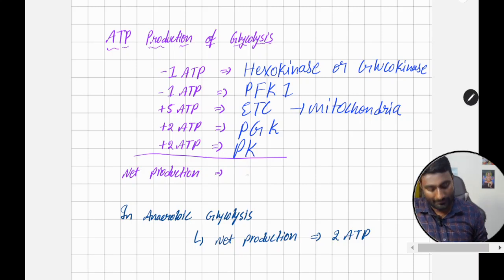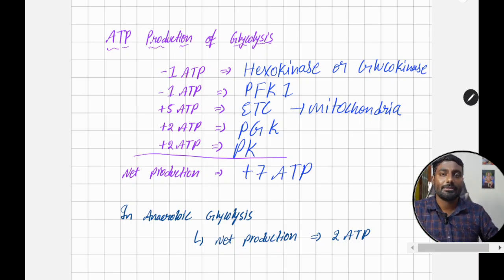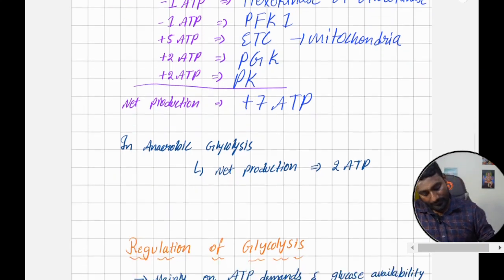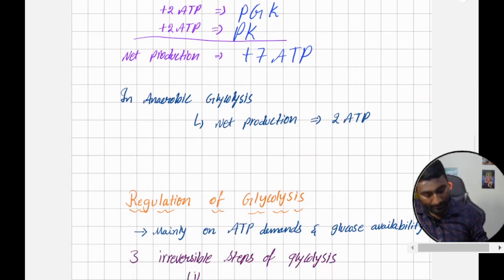It is total plus 7 ATP. So in anaerobic glycolysis, what is the net production of ATP? It is, yes, 2 ATP. The reason is that NADH is utilized in lactate production.